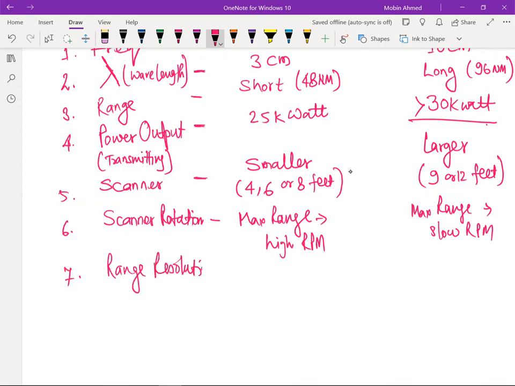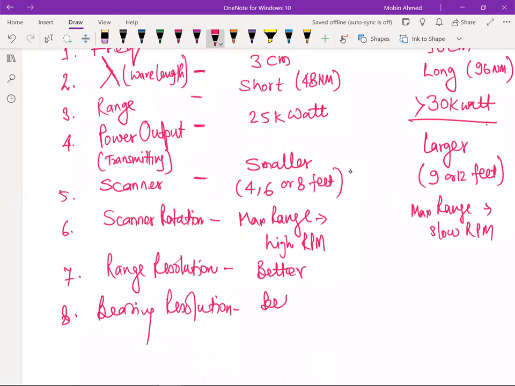Resolution. And there is one word that is also known as bearing resolution. Now range resolution and bearing resolution, this is the frequency. If it is very high, it is going to be better.